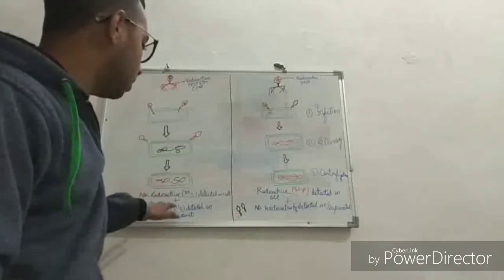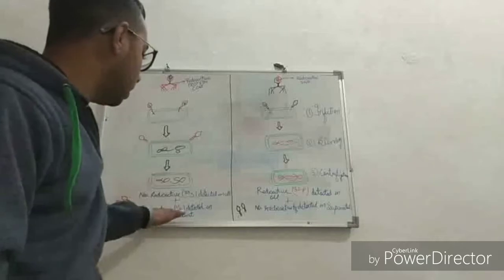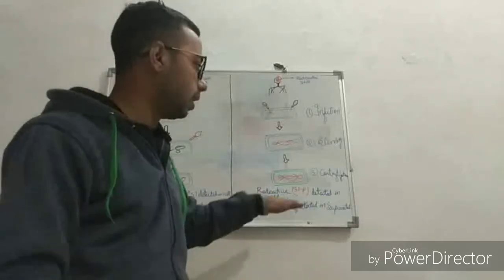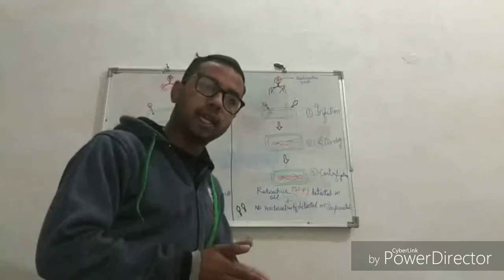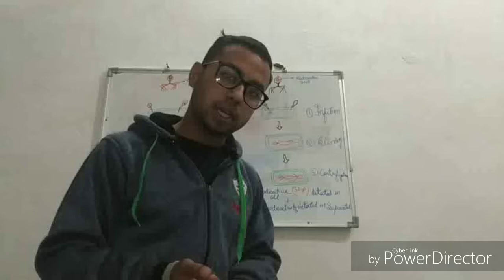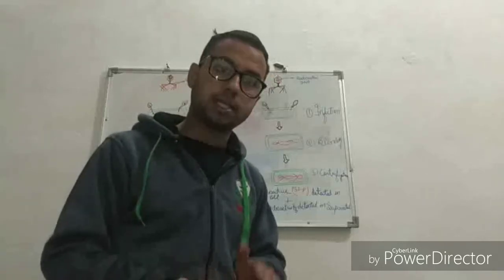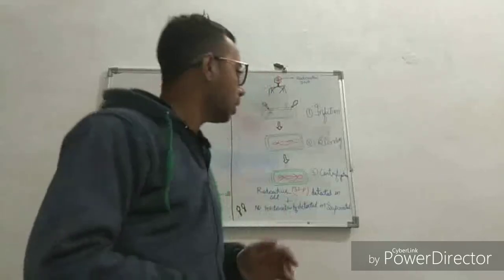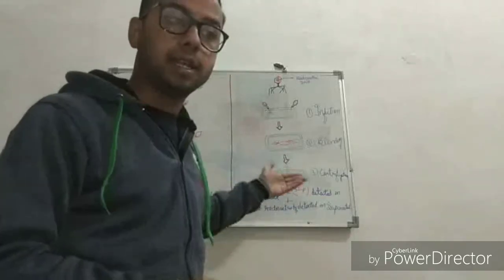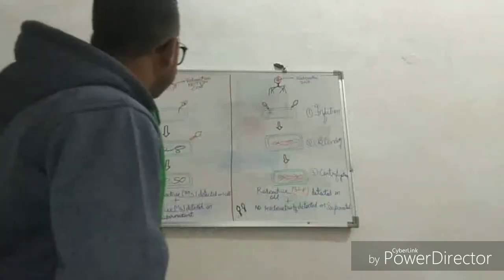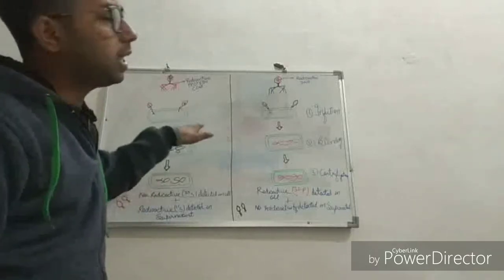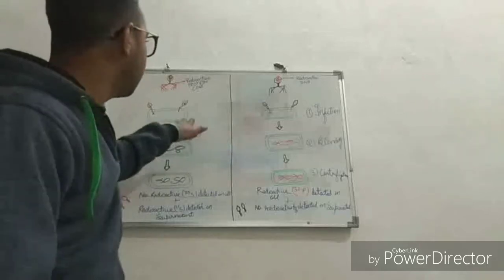As we all know, sulfur is a part of protein, and phosphorus is a part of DNA, because DNA is a constituent of sugar, nitrogen bases and phosphate group. So phosphorus is a marker to be sure whether DNA enters the cell or not. In both the cases we compare and study.